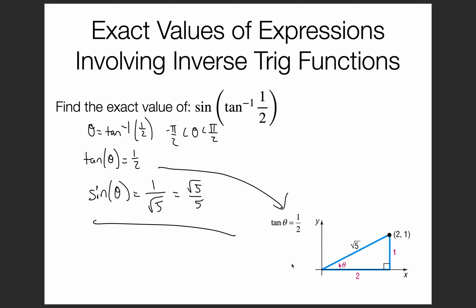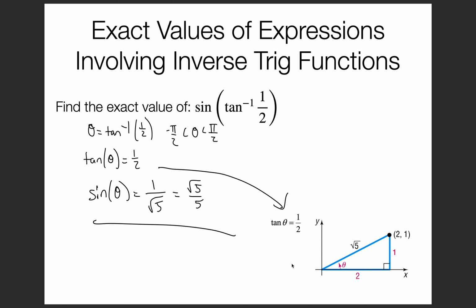And so we're going to use the general strategy that I've been using the whole time, and that is we're going to set the inverse function to be theta. So this is different than what we've done before. Usually we've set the whole expression equal to theta, because the inverse function was on the outside.